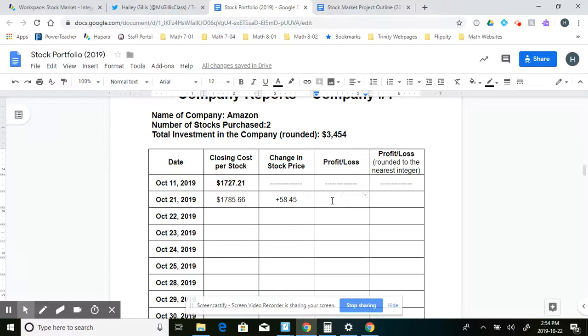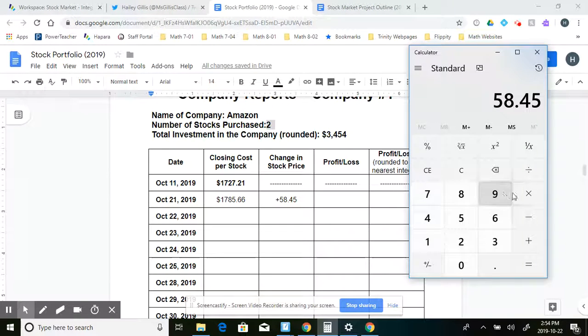Now we want to know in total what was our profit or loss. So in this case, because I made money here, this was an increase or a positive value, it's going to be a profit that I have here. And how I figure out my total profit is I'm multiplying my change in stock price by the amount of shares I actually purchased. So in Amazon, I bought 2 shares.